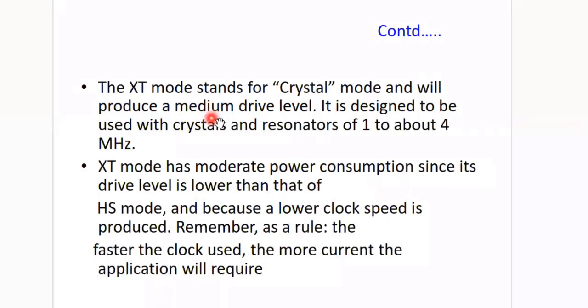This low level, medium level, high level refers to the power consumption. HS high speed mode and XT mode take moderate power, since the drive level is lower than that of the HS mode. As a thumb rule, if the clock frequency is more, it will take more power. So that is what is told here.